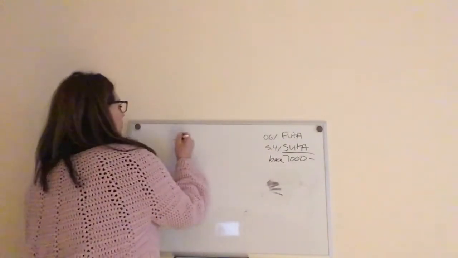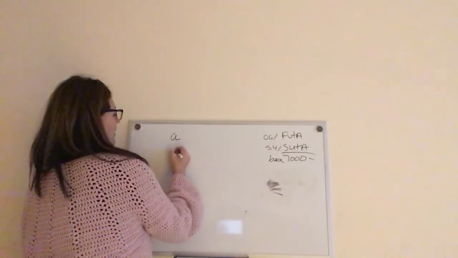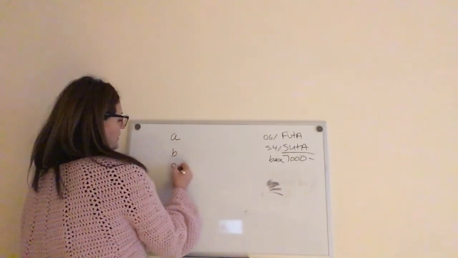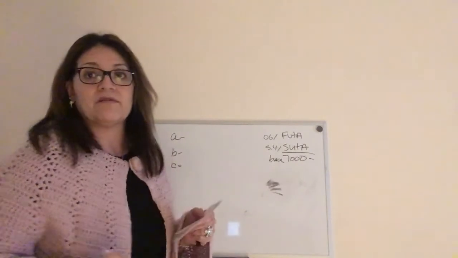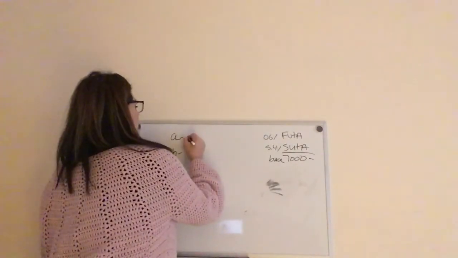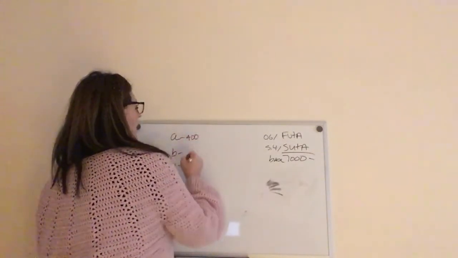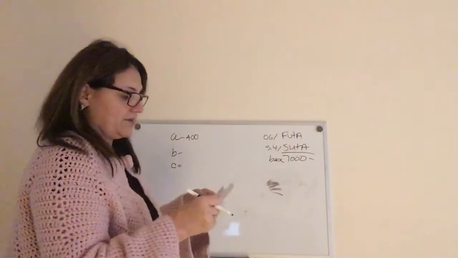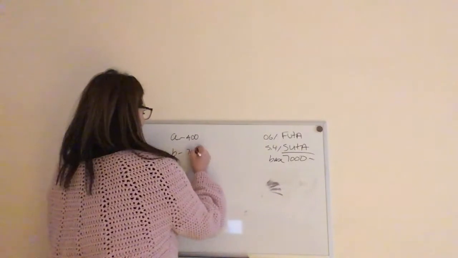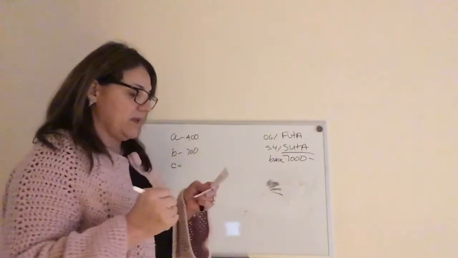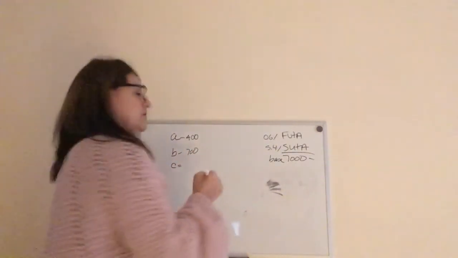Let's start with employee A, employee B, and employee C. Employee A makes $400. Employee B makes $700. And employee C makes $900.